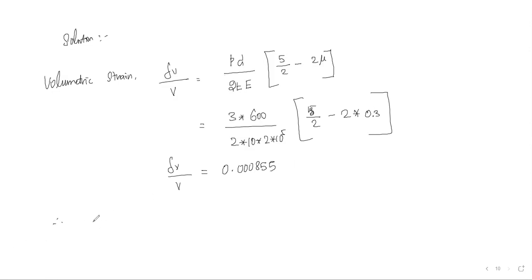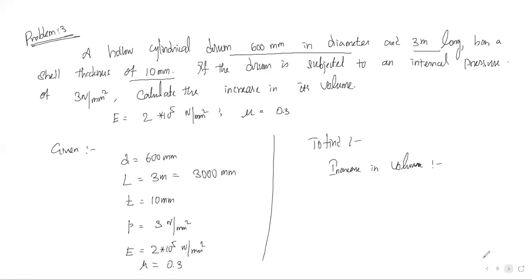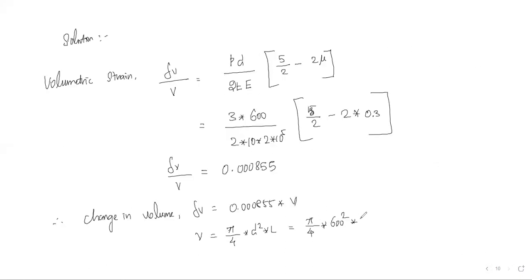Then actually I need the change in volume. So change in volume del V is equal to whatever value we got multiplied with the original volume. Here the original volume is pi by 4 into d squared into L, so pi by 4 into 600 squared into 3000 mm.